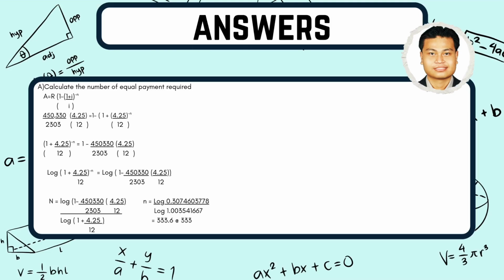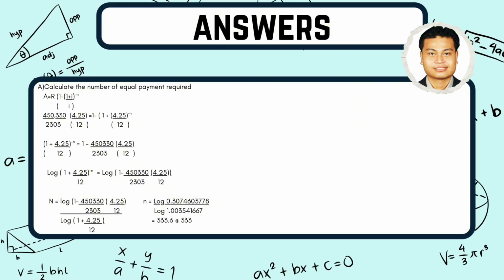Next, log open bracket 1 plus 4.25 divided by 12 to the power of negative n equals log 1 minus 450,330 divided by 2,303, open bracket 4.25 divided by 12, close bracket. The answer is n equals log 1 minus 450,330 divided by 2,303, open bracket 4.25 divided by 12, close bracket, divided by log 1 plus 4.25 divided by 12.